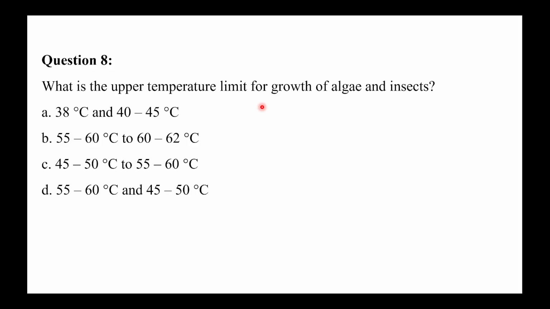Option B is 55 to 60 degrees Celsius for algae and 60 to 62 degrees Celsius for insects. Option C is 45 to 50 degrees Celsius for algae and 55 to 60 degrees Celsius for insects. And option D is 55 to 60 degrees Celsius for algae and 45 to 50 degrees Celsius for insects.